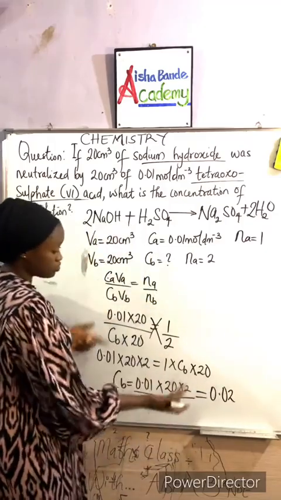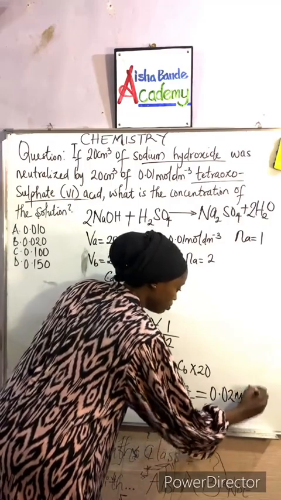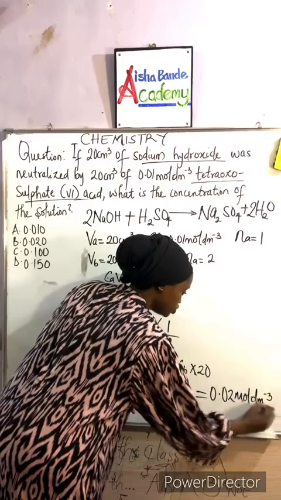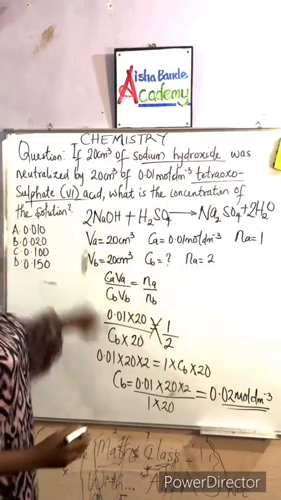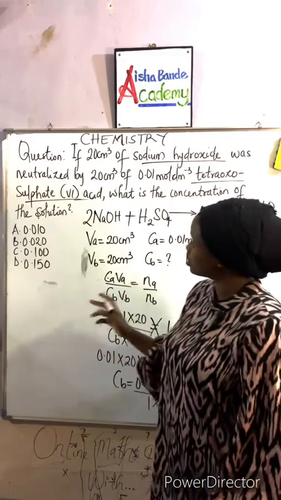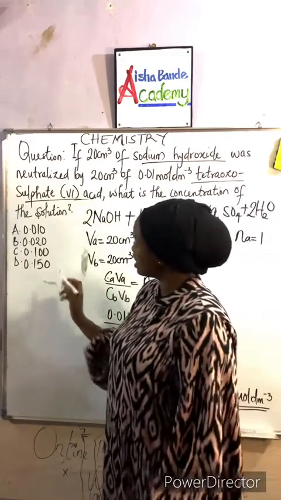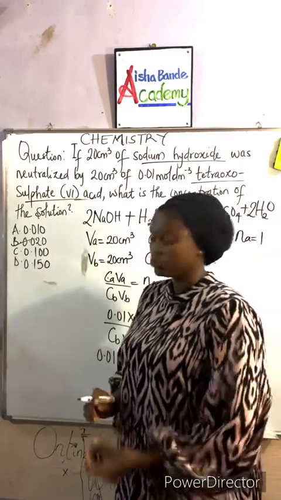So since it's concentration, our unit is going to be in mol/dm³. So as asked from the question, the concentration of the solution is 0.02 mol/dm³. So looking at this, the correct answer is option B, 0.020.